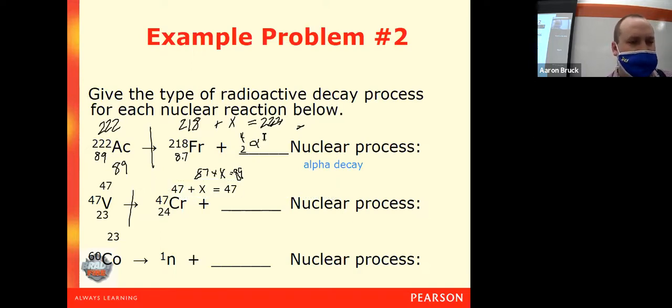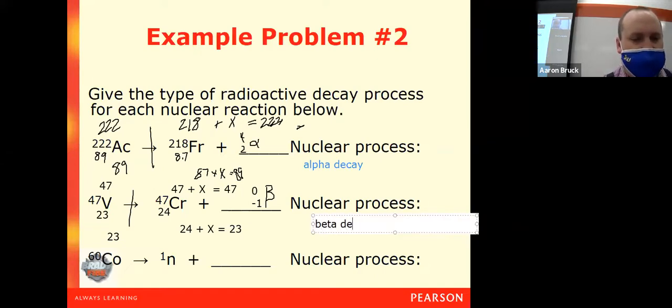So x must be 0. And on the bottom, 24 plus x is equal to 23. So x must be -1. So I've got a 0 up top, a -1 on the bottom. Again, knowing our definitions, that's a beta particle, which means that this is beta decay.